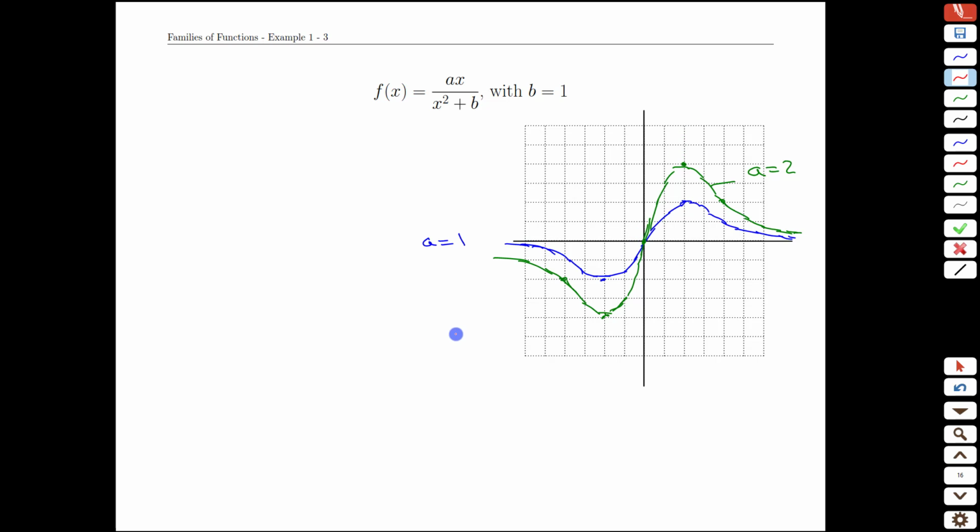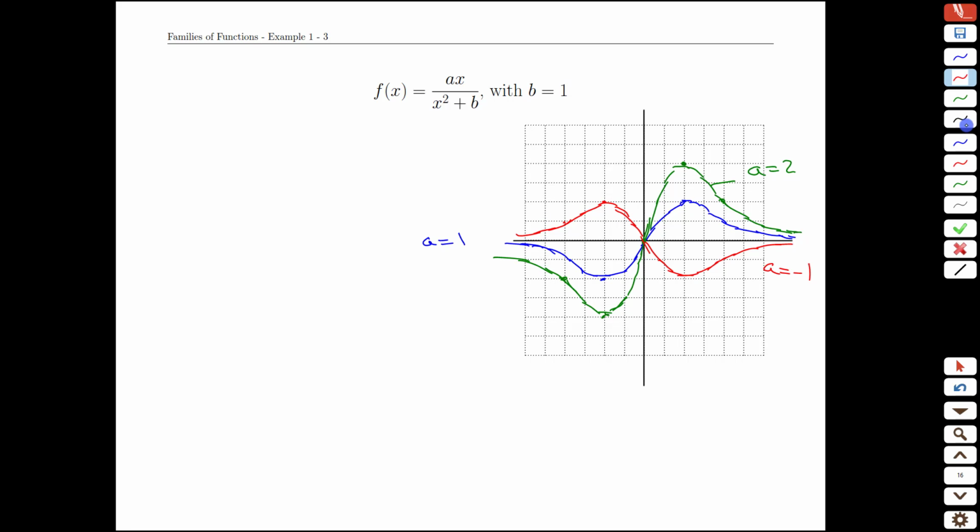More interesting would be if we picked a negative value. So what if we had -1 in our family member? That would start to look like that. What that would do would be flipping or changing the sign of all the y components. Where the function was originally positive in y, now it's going to have a negative symmetric y, and likewise on the left-hand side.